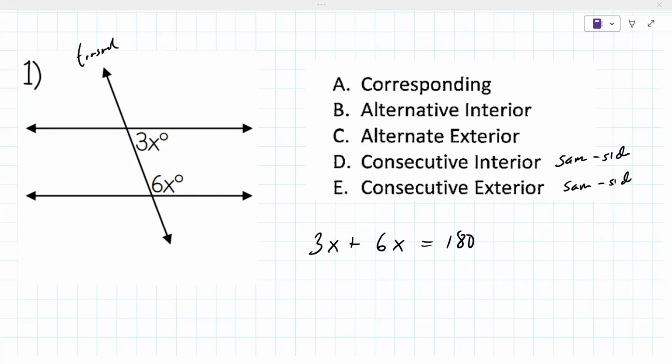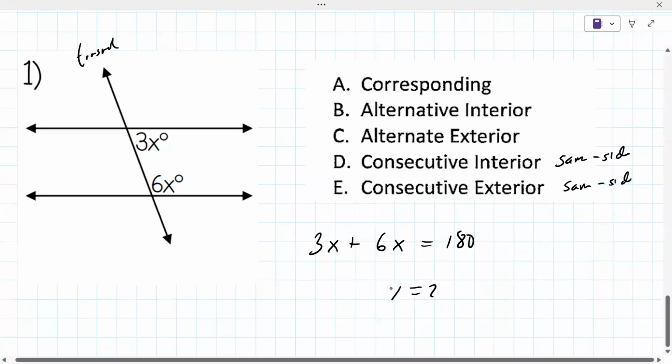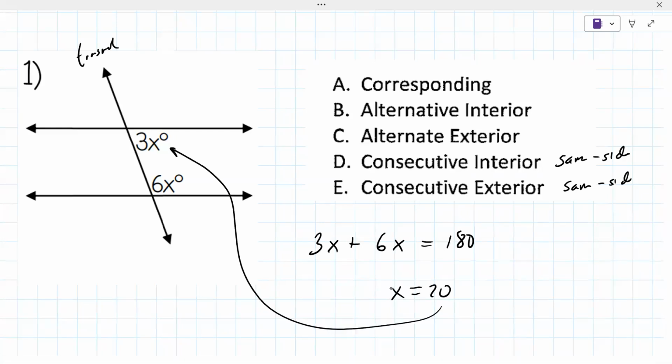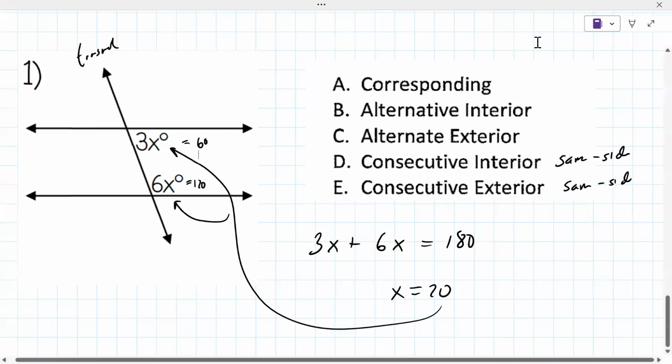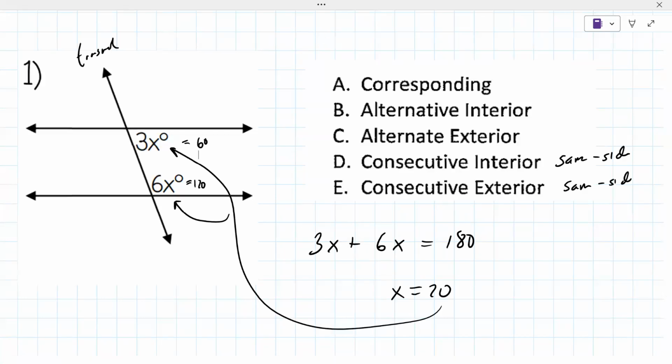X equals 20. Now you really do want to put this back in to get the two actual angle measures. So the bottom one is 120, and the top one is 60. All right, good job on that.